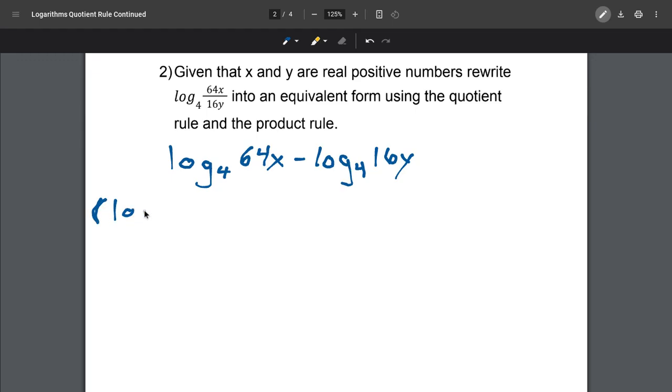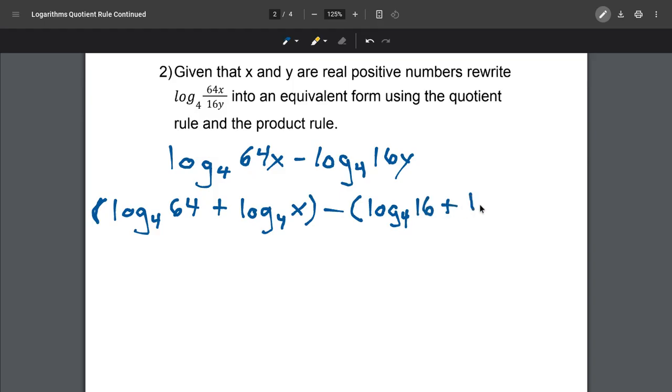So we have log base 4 of 64 plus log base 4 of x, and then we're going to subtract log base 4 of 16 plus log base 4 of y. Okay, that's using the product rule.